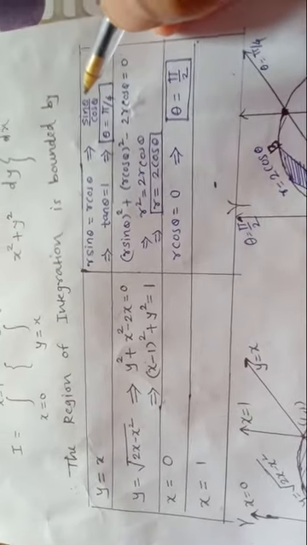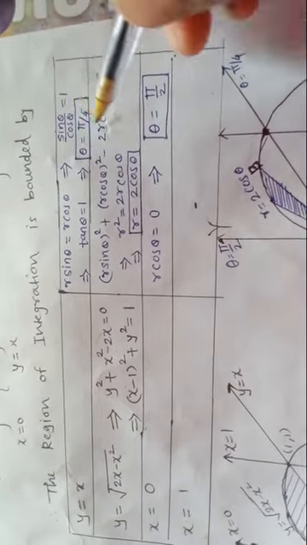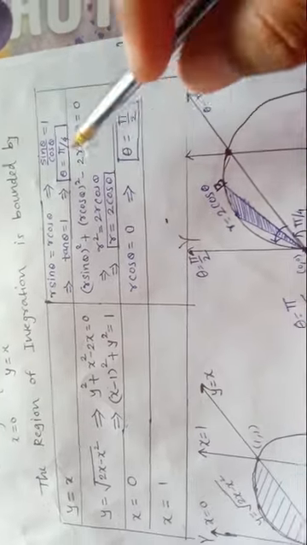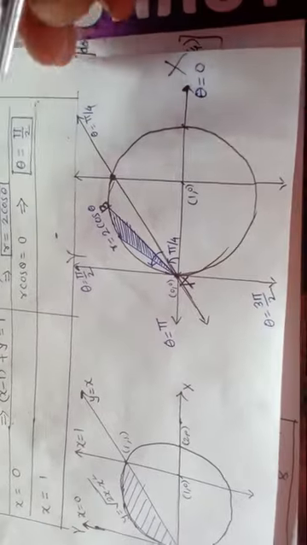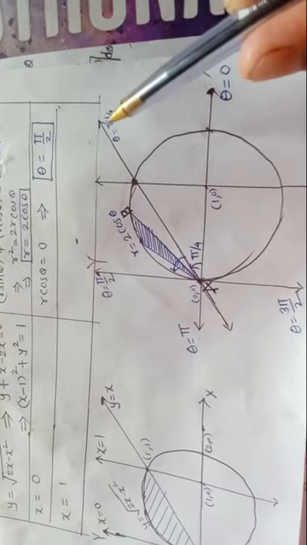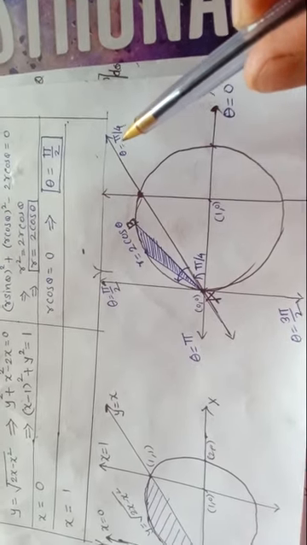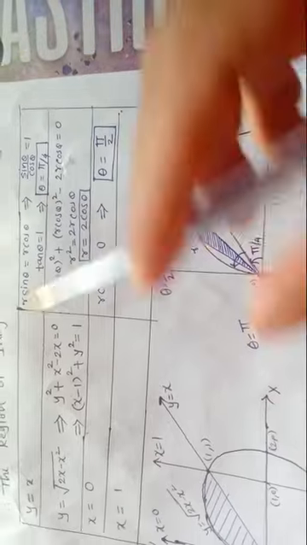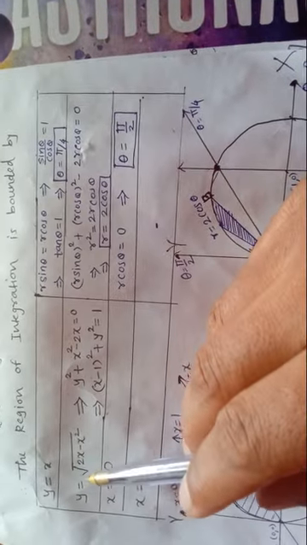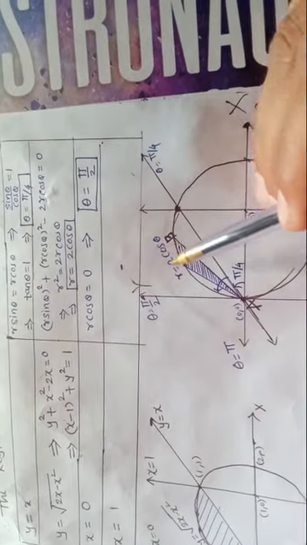Now after changing the Cartesian coordinates x, y into the polar coordinates r and theta, I am writing all these curves on the graph. So you can observe this second figure. This line is nothing but x equals to y, and this equation is theta equals to pi by 4. Similarly, we can write this equation of the circle as r equals to 2 cos theta, that I have written here.